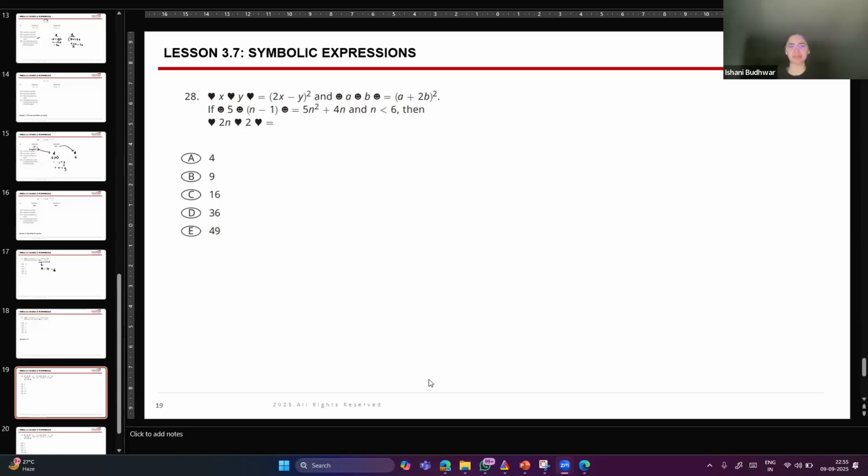So first I tried to put the 2n and the 2 into the first equation. So 2 times 2n minus 2 squared. And then I got 16n squared minus 16n minus 4. And then I tried to solve for n by taking the second equation and putting the 5 and the n minus 1 into the second equation, and then trying to equate it to 5n squared plus 4n.